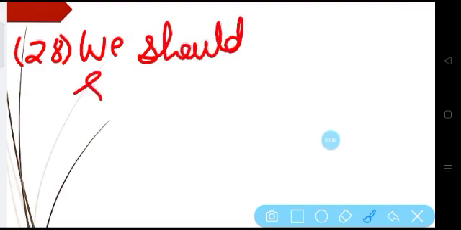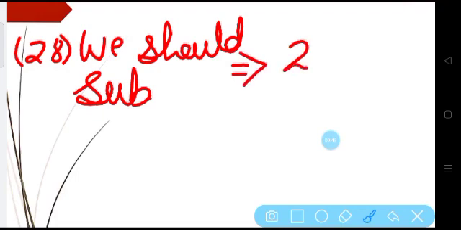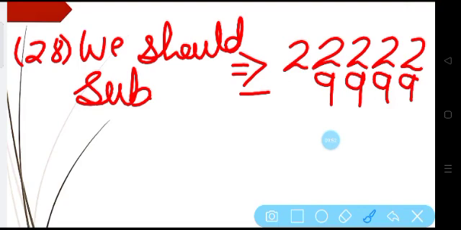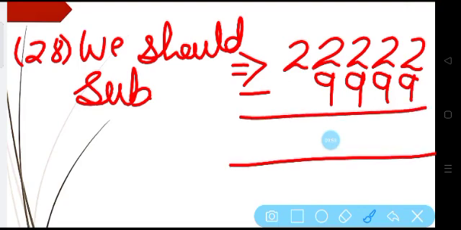So hence we should subtract this, we have to find out. They have given you the number should be subtracted from 22,222 so that our resultant is 9,999. Okay, let us start solving this one.